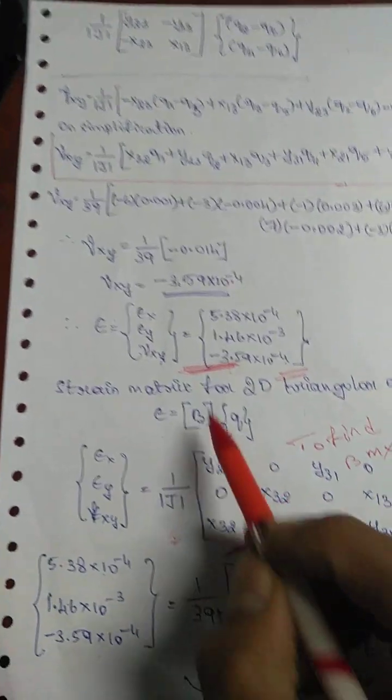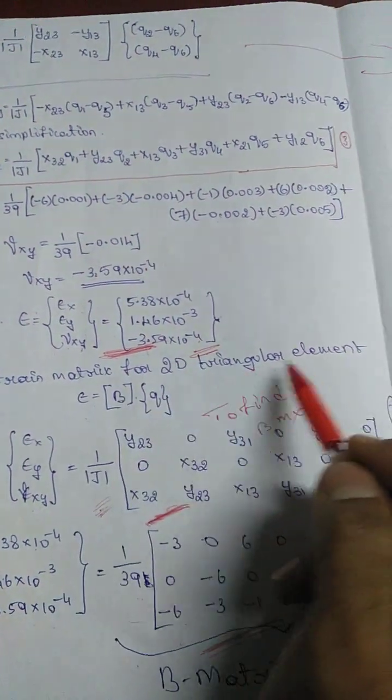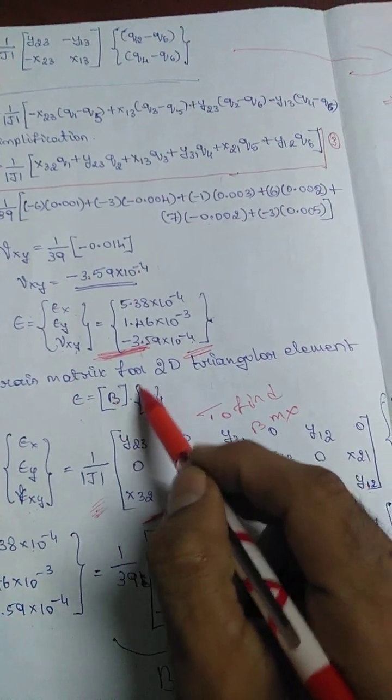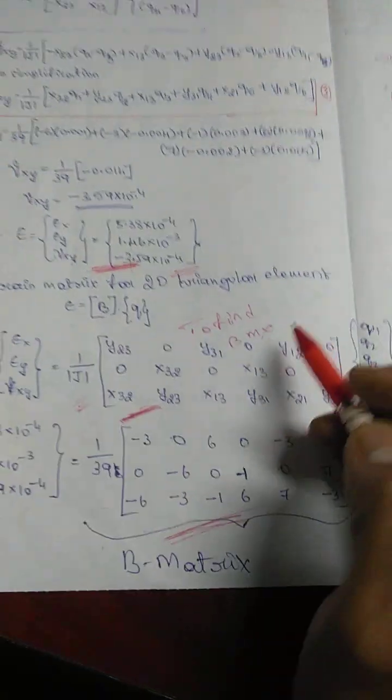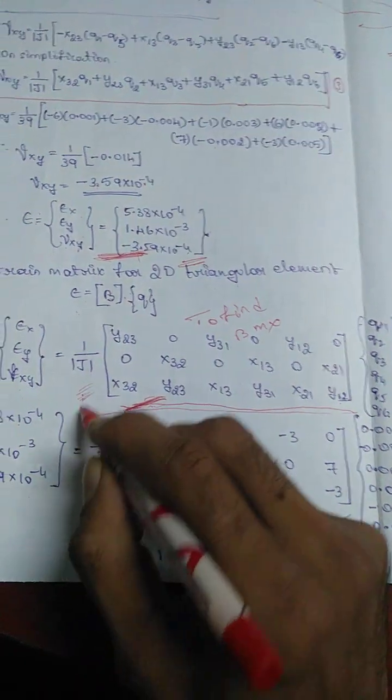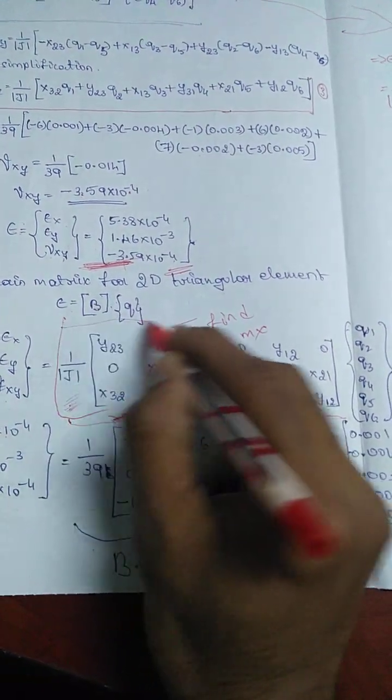Next, the strain matrix for a 2D triangular element, that is epsilon is equal to B into q. Remember, this is your B matrix; you have to remember this is in your derivation part.